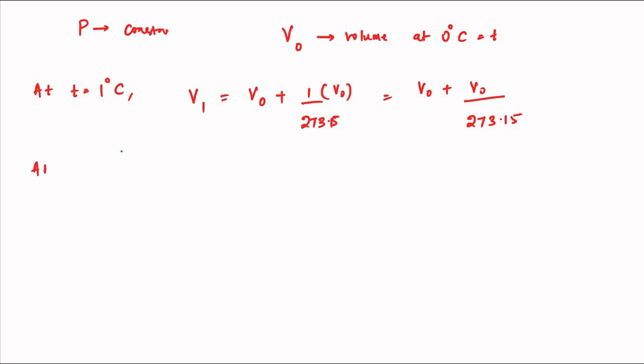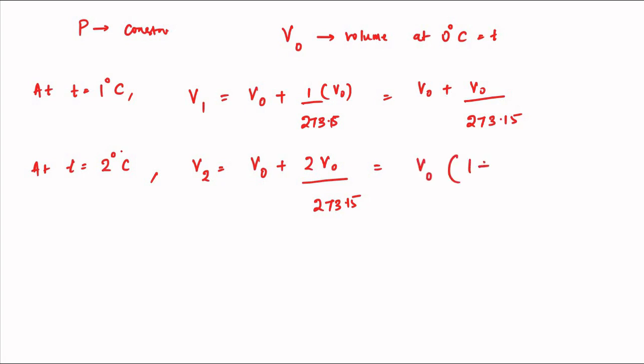Then at T equals 2 degree Celsius, V2 is equal to V0 plus 2 V0 by 273.15, which is equal to V0 into 1 plus 2 by 273.15. Similarly, it will go on.